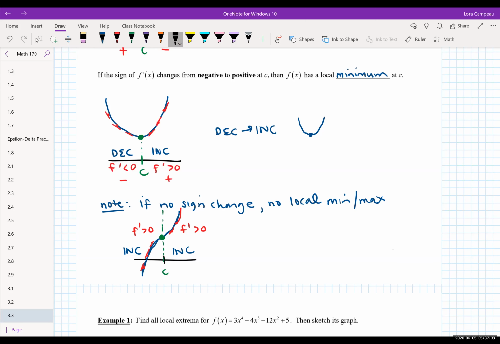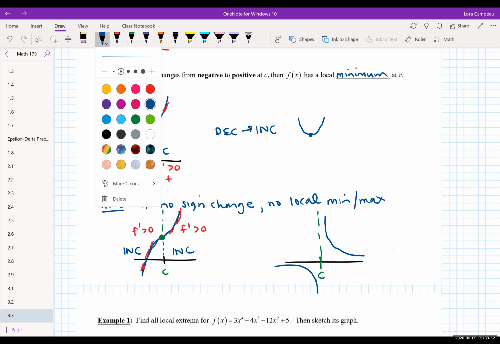And then maybe another example might be some of those rational functions coming back. Sometimes we'll see, let's draw that a little prettier. Here we go. So let's say we have a function, those fancy rational functions. And in both cases, I can see on the right side, I'll start off with that, I'm clearly decreasing.